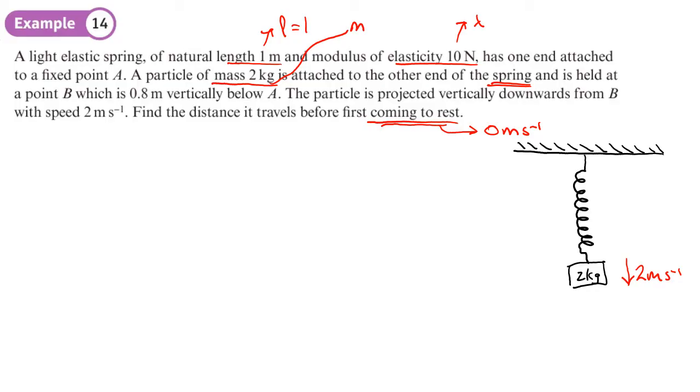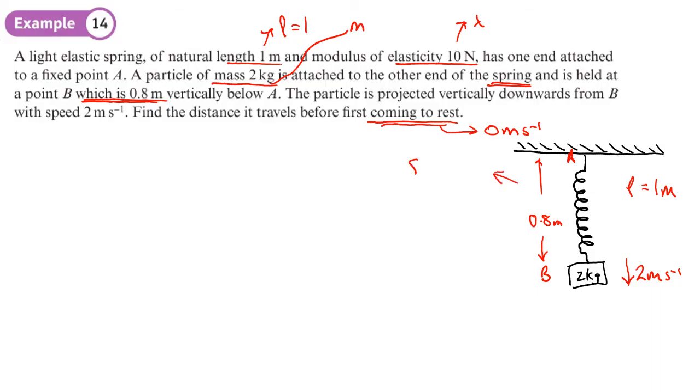Now a couple of things to mention. I didn't see this bit, or maybe I didn't underline that. So point A is at the top, and then this mass is at point B, which is 0.8 meters below A. Now the natural length of the spring is 1 meter, which means this spring is already in compression.